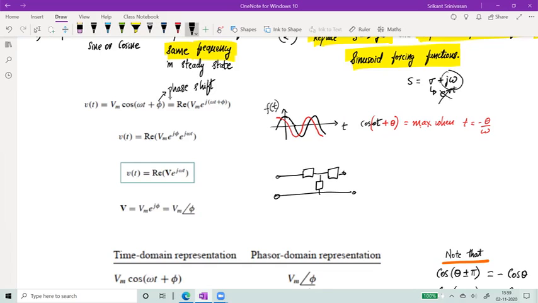For example, then we said that I could have some voltage V1 and I could have some voltage V2. If V1 is some function of, say, sine omega t, then it means that V2 is going to be equal to sine of omega t plus some phase.